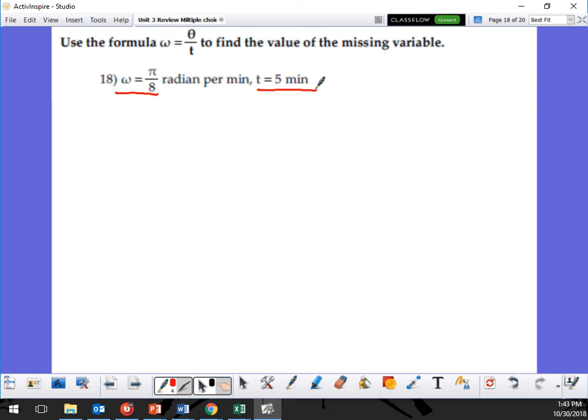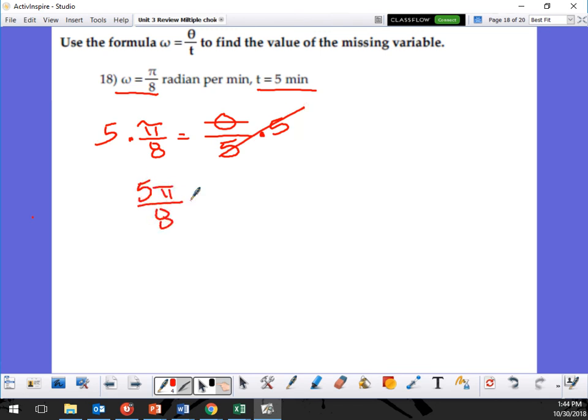Let's plug these in. So we're going to say 4 pi over 8 is equal to theta over 5. If I'm trying to get theta by itself, I'm going to multiply both sides by 5. The 5's will cancel. 5 pi over 8 is equal to theta.